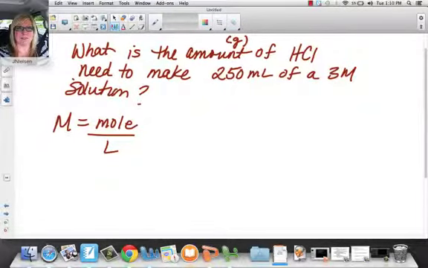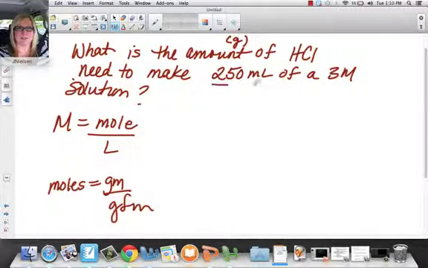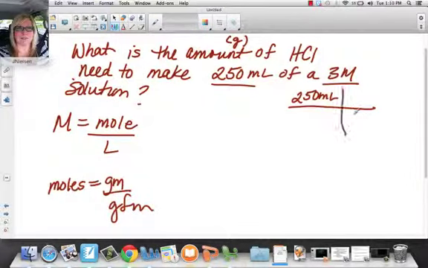I have to use this formula, and I have to use this formula. So I've got my milliliters, and I've got my molarity. So I've got to change my milliliters to liters. So 250 milliliters, and I told you that 1,000 milliliters is 1 liter.